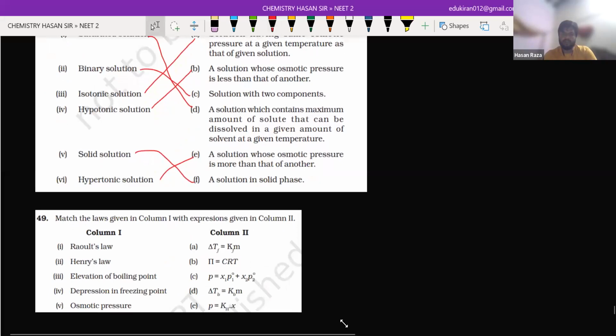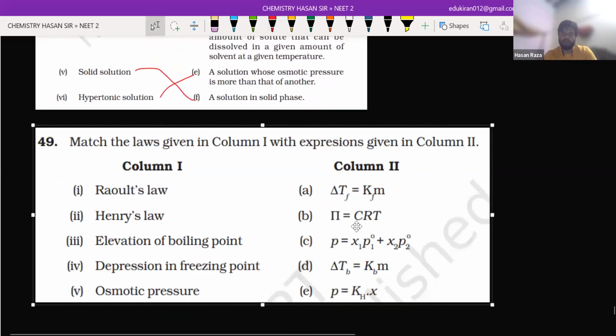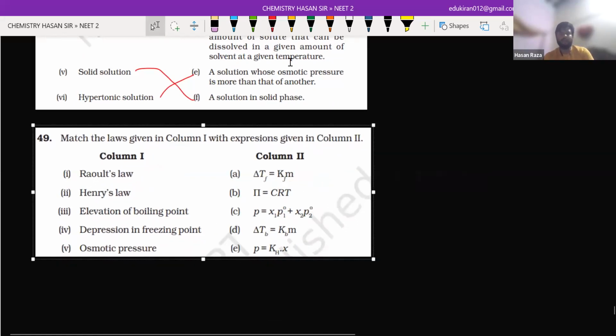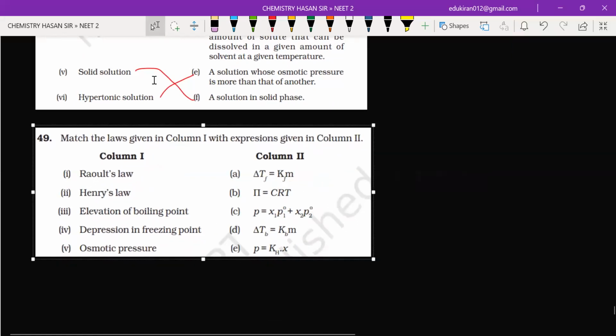This is also quite easy. It will revise your formulas basically.